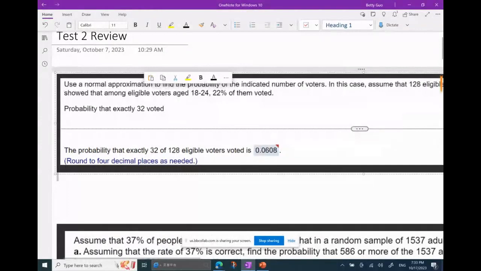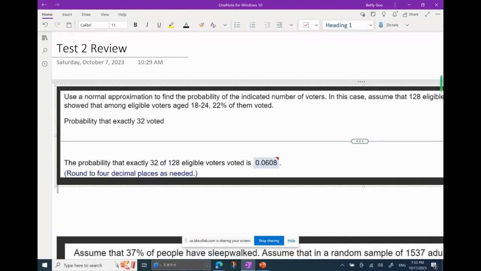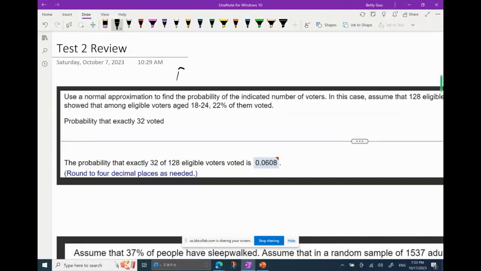Let's read the question. Use a normal approximation. Here, when we see the keywords normal approximation, we know we are going to use a normal distribution to approximate a binomial. Well, we have to identify the binomial here, right? Let's read through the question.